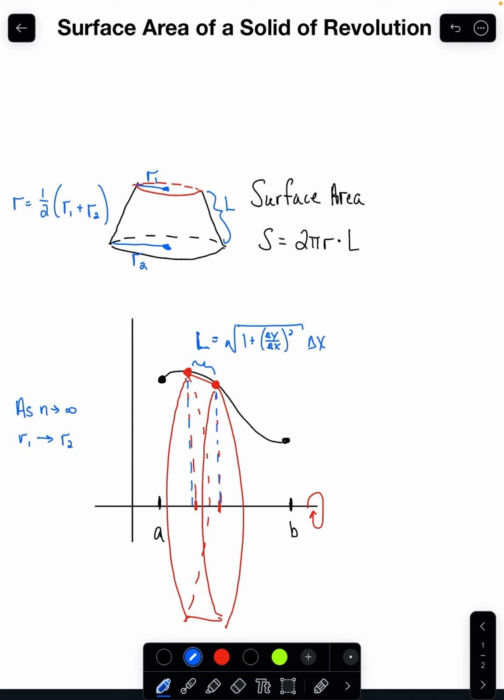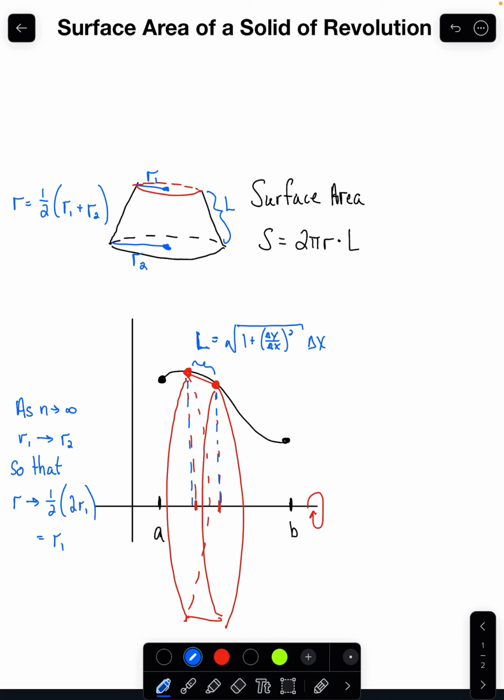Therefore, r is going to approach 1/2 times 2 times r sub 1, or 2 times r sub 2, whichever you prefer to use, which simply is r sub 1.